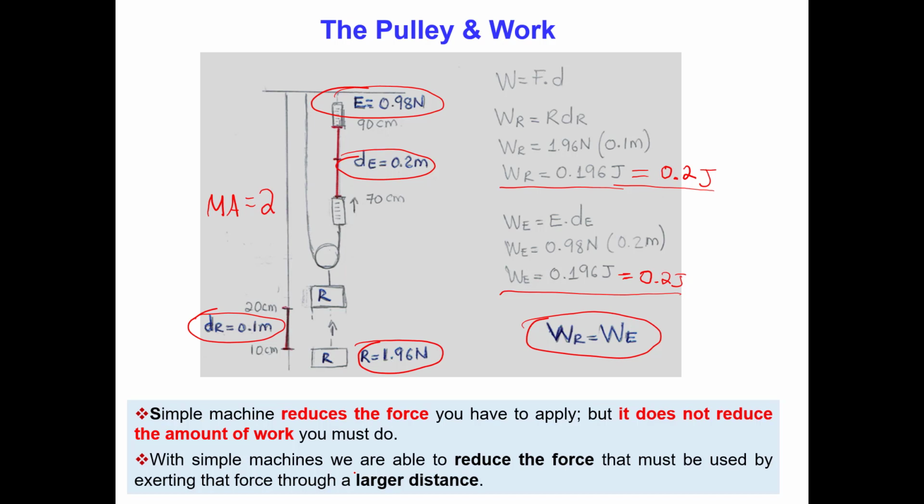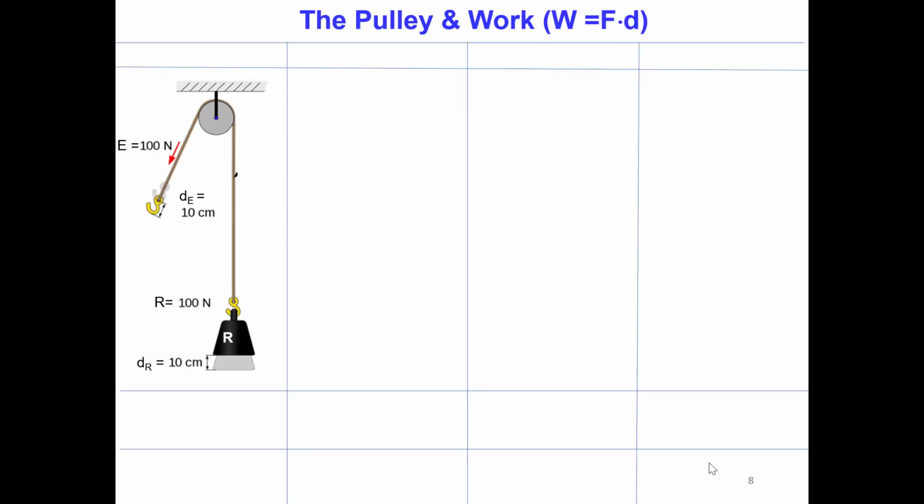What the simple machine is doing is reducing the effort you have to apply, but the work you have to do is the same with or without simple machines. Let's analyze a few more examples in which we can see the work done by the effort and the resistance are the same.